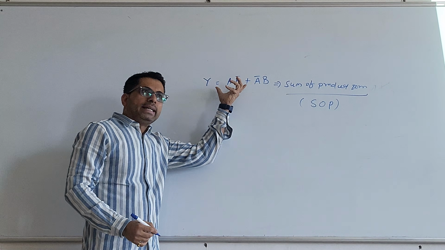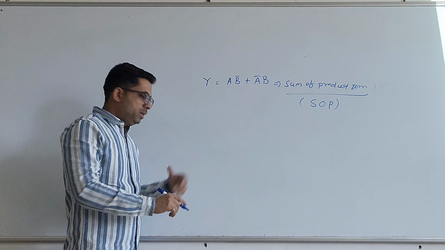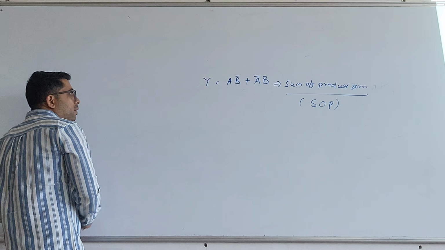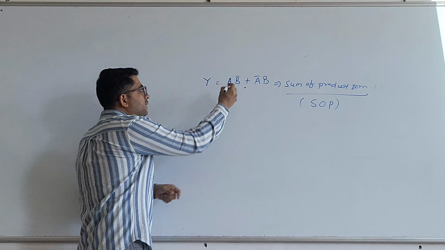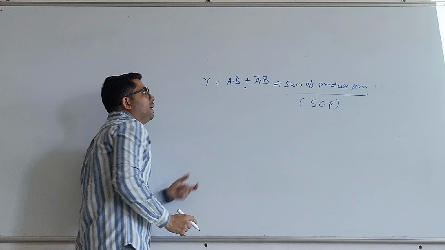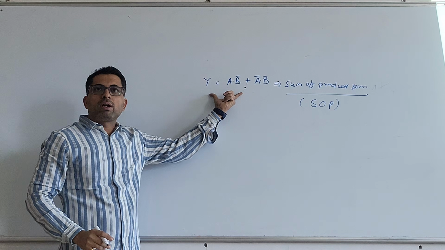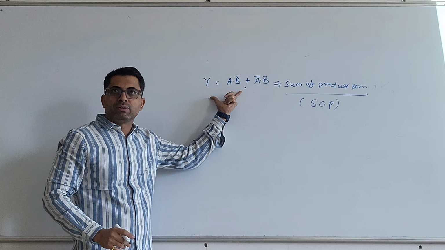Now, why is it called a sum of product form? See here, this is the summation sign, and these are the product terms. Such a representation is called a sum of product form equation.